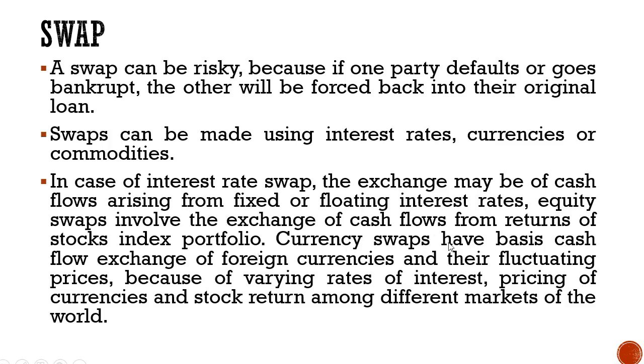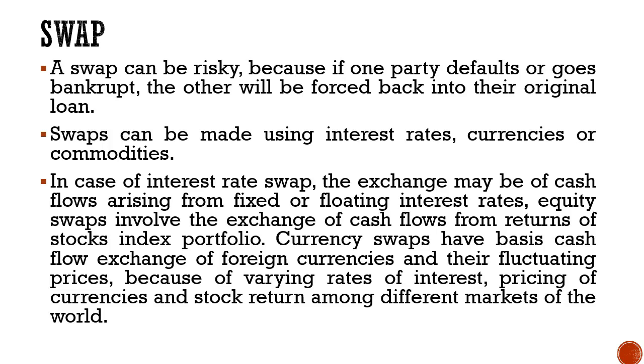The currency swaps have basis cash flow exchange of foreign currencies and their fluctuating prices because of varying rates. So under currency, swapping takes place between your domestic currency and foreign currency because of the fluctuating prices.